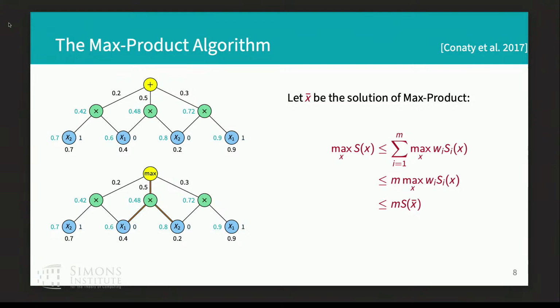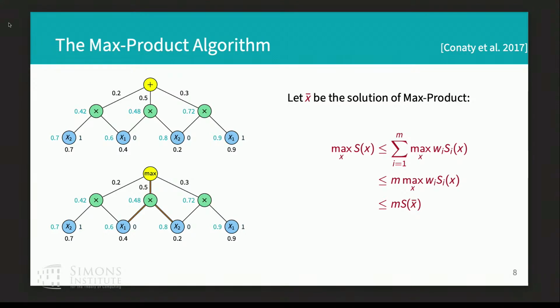So the optimal needs to be smaller than moving the maximization inside, which is what the max product algorithm is doing, right? And it cannot be worse than just taking this worst case and placing the same value in all of the input nodes, right? So that means that you get this linear factor approximation by max product.